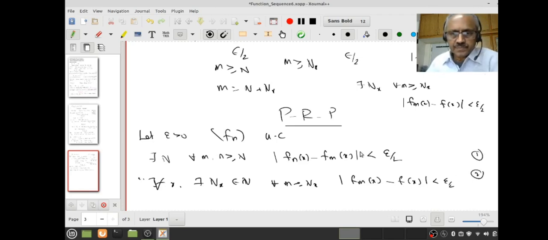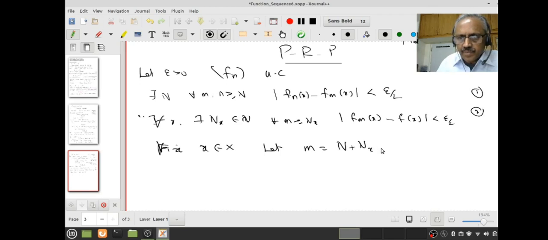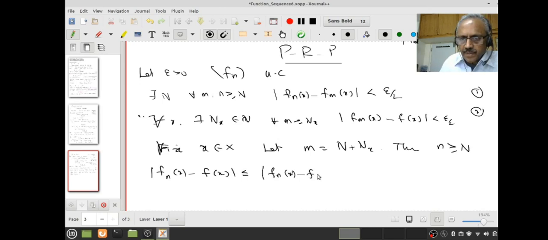You understand this? Right? Now choose, fix x in capital X. Let m equal to n plus nx. Then what do I have? n should be greater than or equal to capital N. Then mod fn x minus fx is less than or equal to mod fn x minus fm x, for this is true for all m, but I am choosing this particular m, plus mod fm x minus fx.